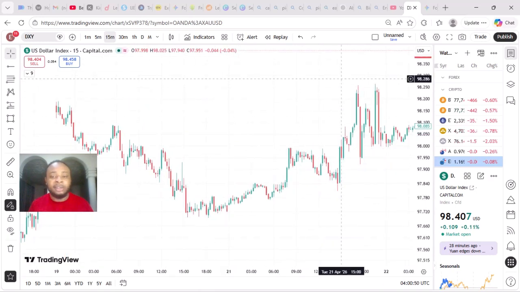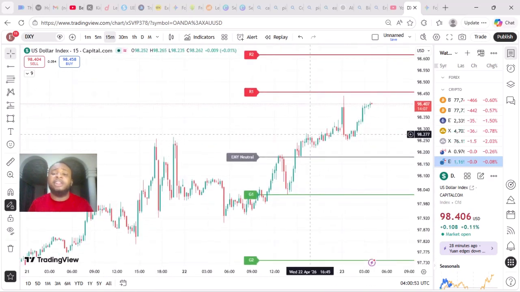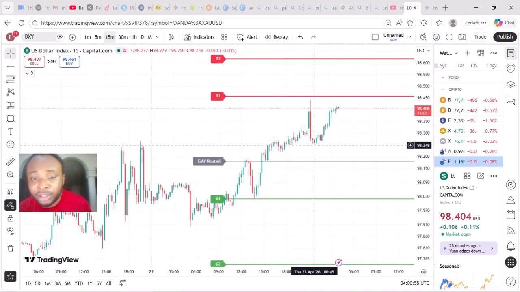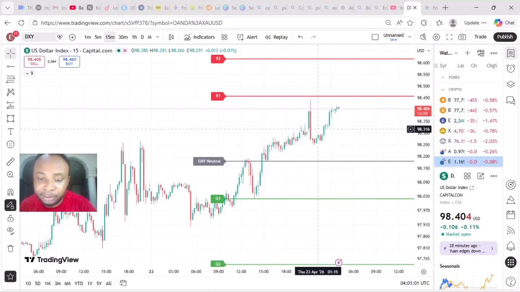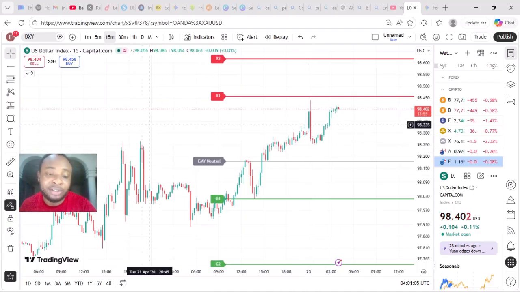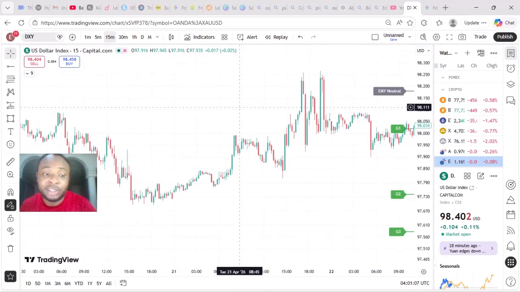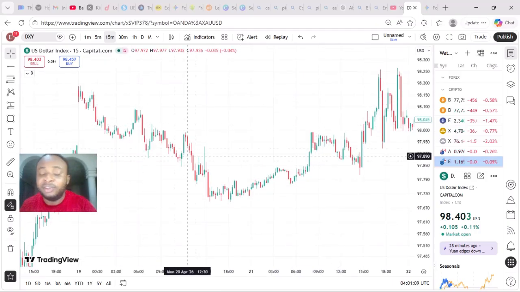You can see this. If DXY is gaining, maybe you entered it because some few days ago, let's say yesterday, throughout this week he was selling.